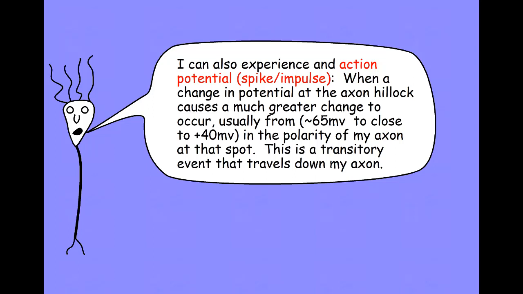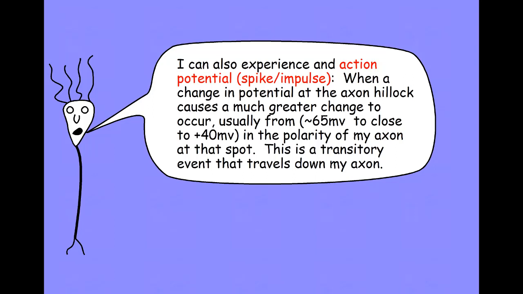We can also see neurons exhibiting what's called an action potential down their axon. So when a change in potential at the axon hillock, that structure where the axon leaves the soma or cell body, causes a much greater change to occur, usually from negative 65 millivolts to close to positive 40 millivolts in the polarity of the axon at that spot, that triggers a transitory event that then travels down the axon.